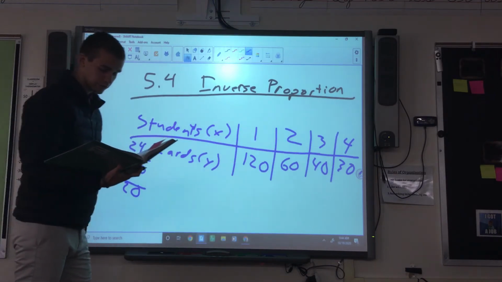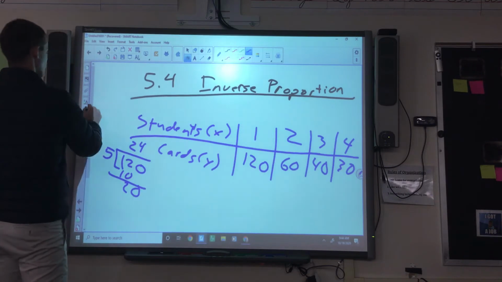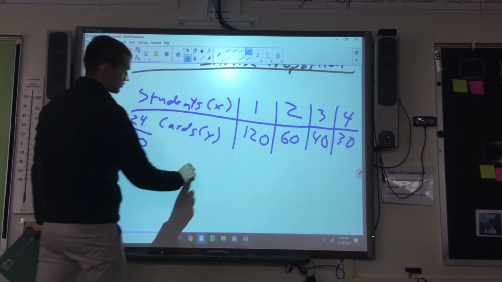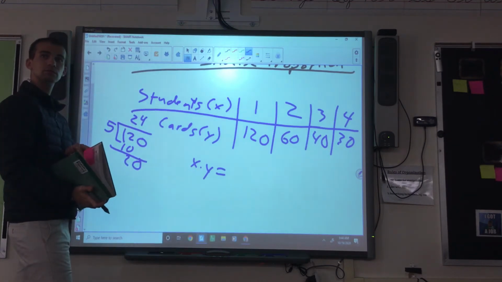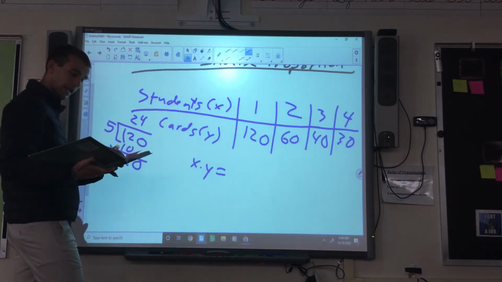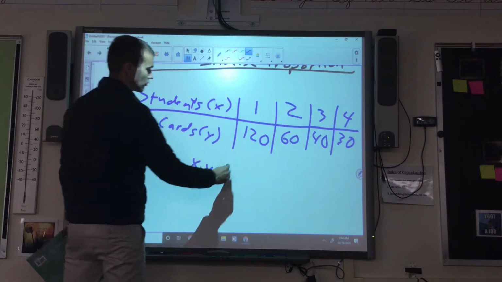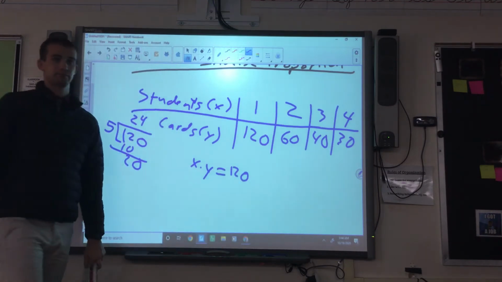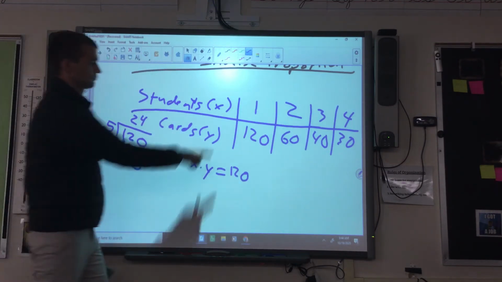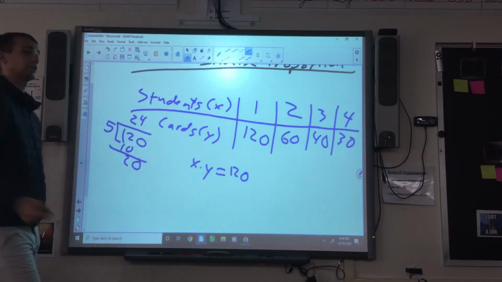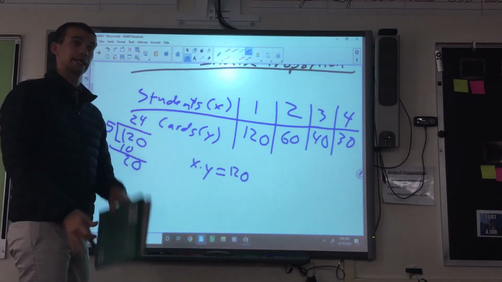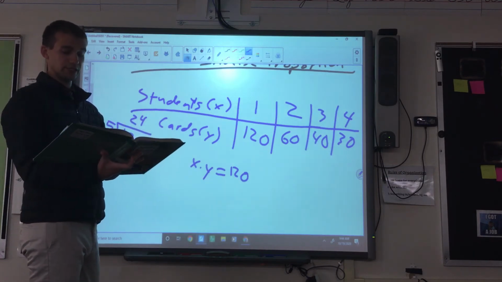The way that you can figure out if you have the right answer, X times Y should always equal 120. 120, 120, 120, 120. If you end up doing 5 times 24, you're going to get 120 again. So you should always get the same thing.